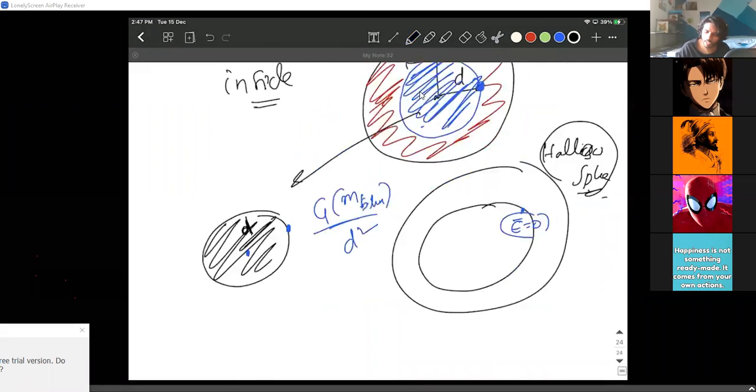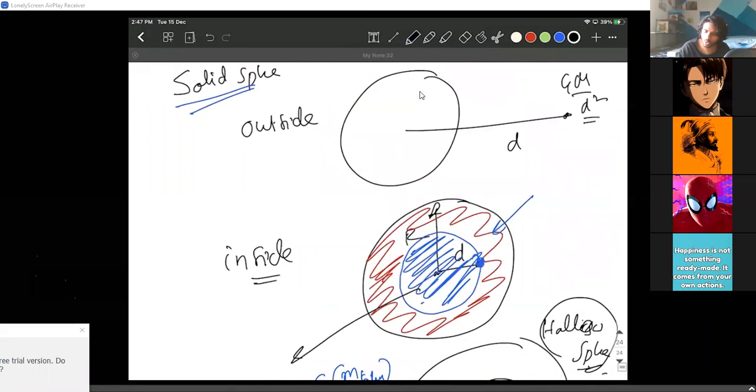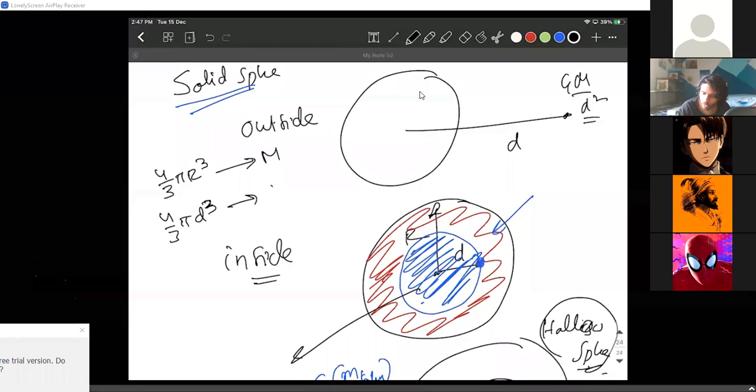Exactly. The overall sphere has volume 4/3 pi r cube and mass capital M. The smaller sphere's volume is 4/3 pi d cube. It has mass small m blue. If I take ratios, m blue by capital M equals d cube by r cube.